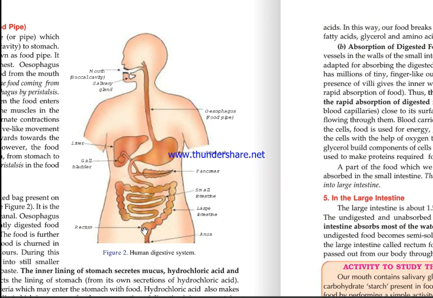Finally, the undigested food is removed through the anus. Some associated glands, salivary glands, liver and pancreas, also help in the digestion of food. They release some juices which help in the digestion of food.